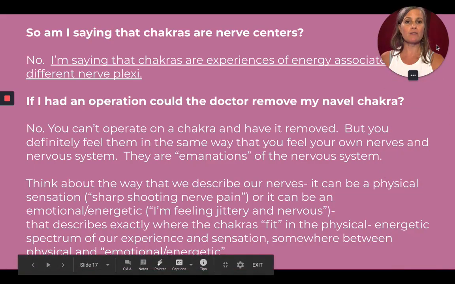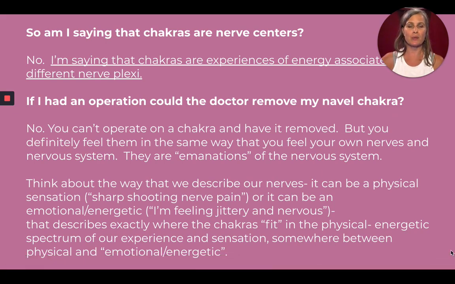So going even further with that, think about the way that we describe our nerves. It can be both a physical sensation, like, oh, I've got that sharp shooting pain in my backside. We know what nerve pain is on a physical level. Or it can also be an emotional, energetic description. I'm feeling jittery. I'm feeling really nervous.